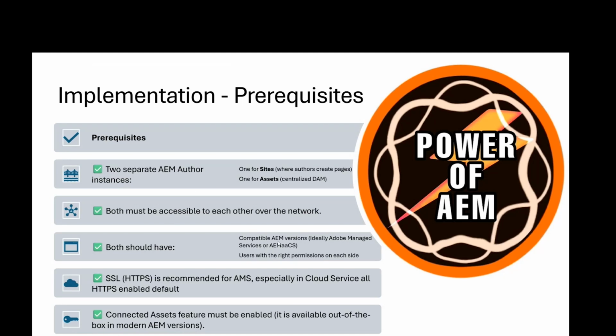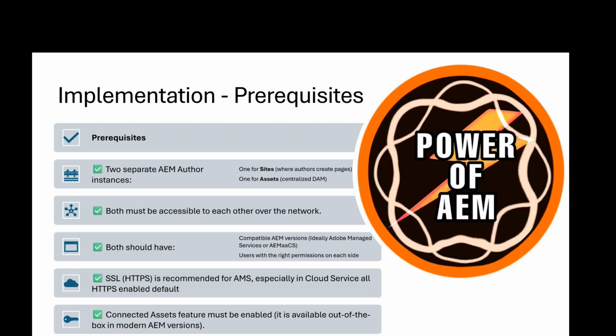When you are working on the AEM environment, make sure you have compatible AEM versions, ideally, for managed services. However, on AEM as a Cloud Service, make sure you are always on the latest version. You also need to look at the configuration on user management, which we will discuss in a later slide. Also, both environments, assets and sites, should be SSL enabled.